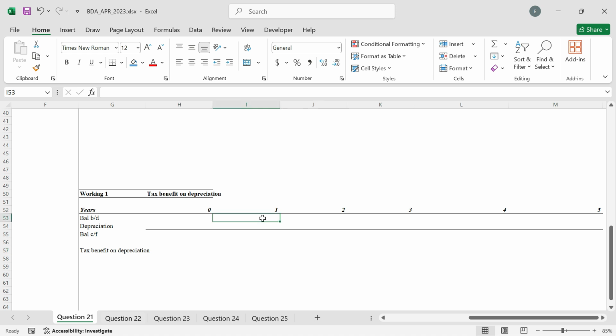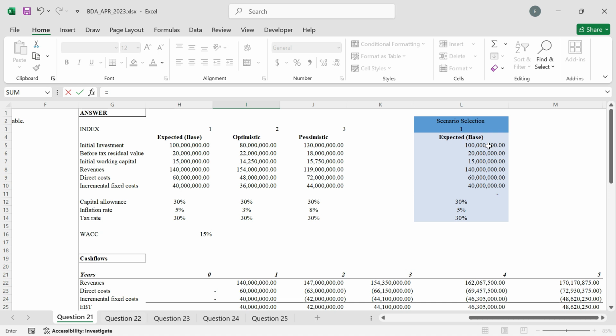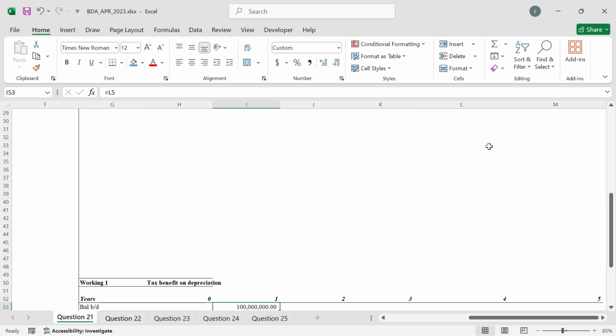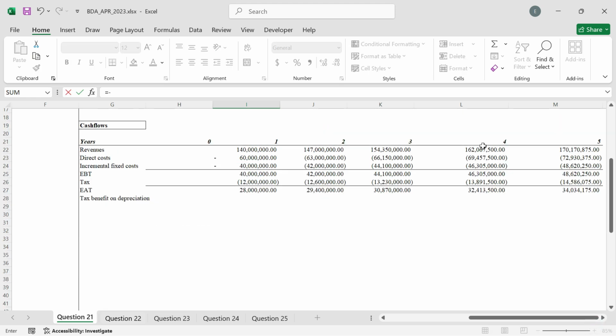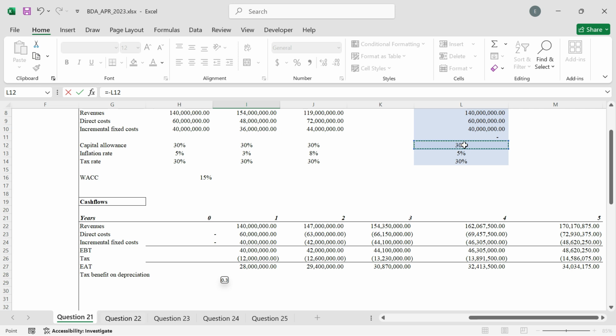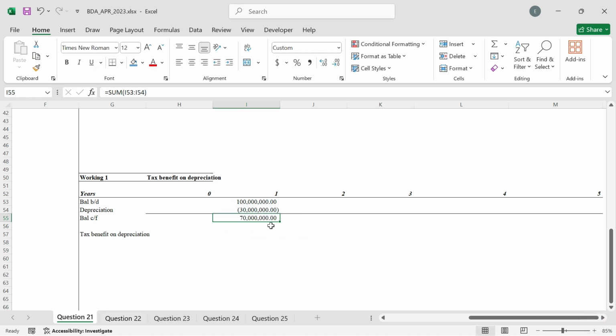So in the past year, the asset was worth its original cost, which in scenario 1 is 100 million. This depreciates at a rate of equal minus capital allowances of 30%, which I lock, multiplied by my balance breakdown, which gives me a balance to carry forward of the sum of the two values, an amount of 70 million.